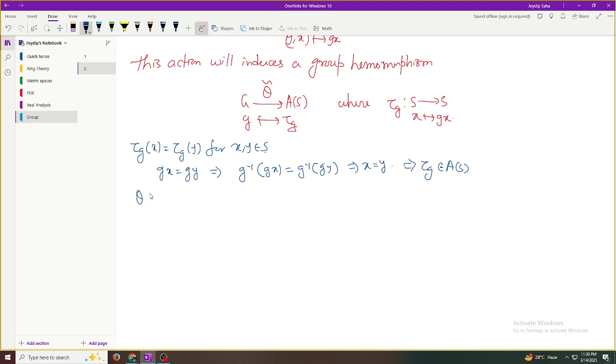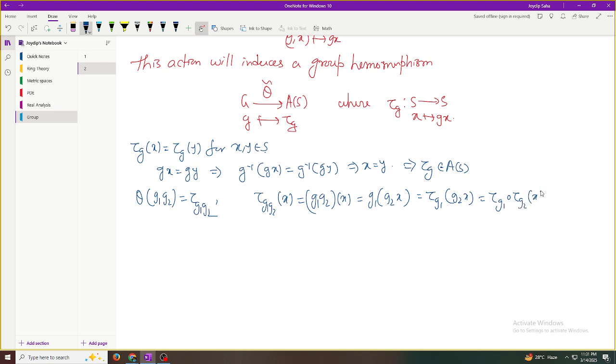And tau of g1 g2 of x equals g1 g2 x, and now it is a group action.